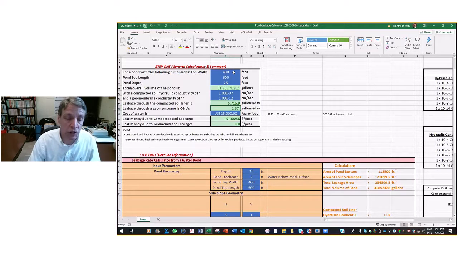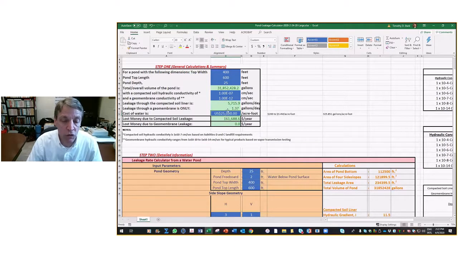The next input is the cost of the water or fluid that's placed in the pond. In this particular case, I used a value of $25,000 per acre foot for water, making this a freshwater or potable water storage area.